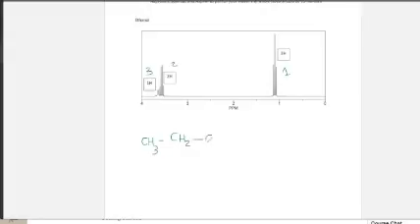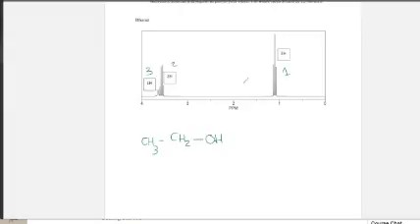And so then the three signals are coming from the three different hydrogens that are in our compound, which are bonded to something else, something different every time. So for example, if we take a look at the CH3 bond, it is bonded to the CH2. The CH2 is bonded to the CH3 and the OH, and the OH is bonded to the CH2. So each H group is bonded to something different. So that is why there are three signals.